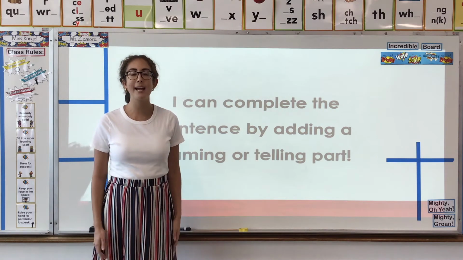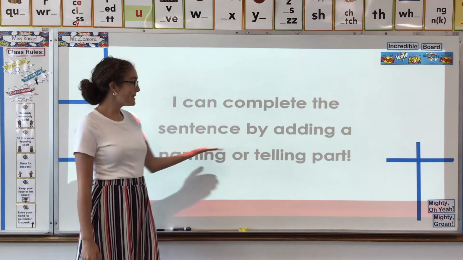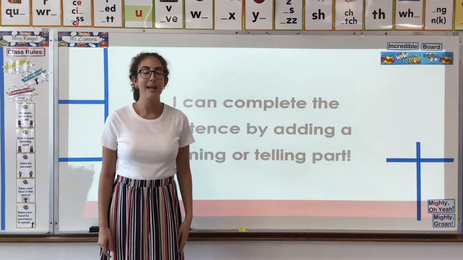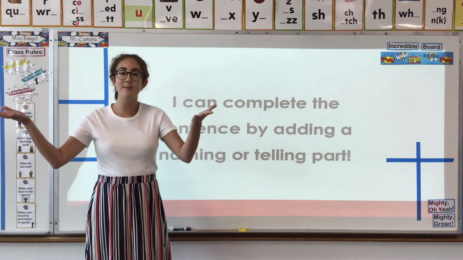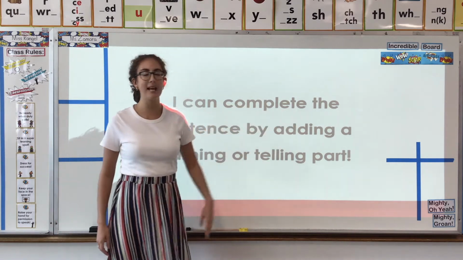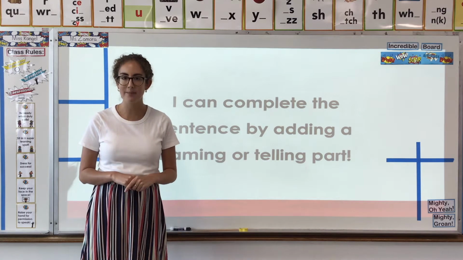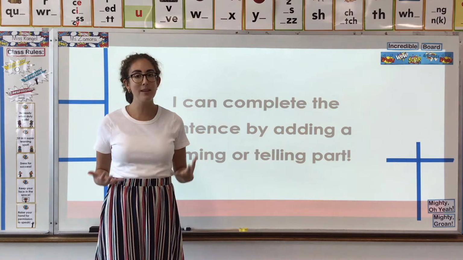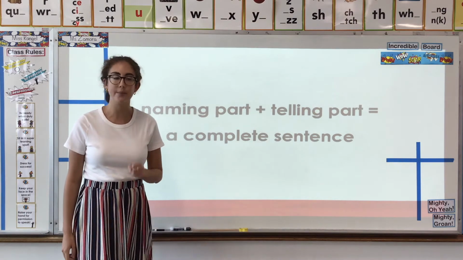Sometimes we're going to write an incomplete sentence, so one that's missing one of the parts. Today we're going to have to recognize which part is missing and complete that sentence to make sure our work is correct.